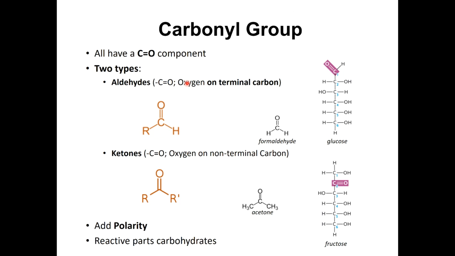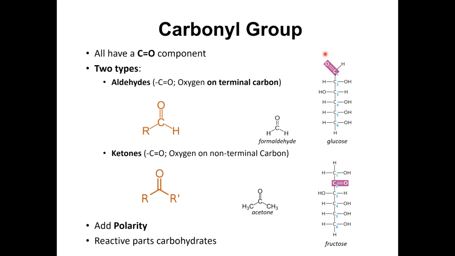Now, these can be of two types, depending on the location of this carbon-oxygen bond. If it's located at the end of a chain, such as, for example, look at glucose here, this double bond corresponds to the last carbon in this chain. So it's a terminal carbon.